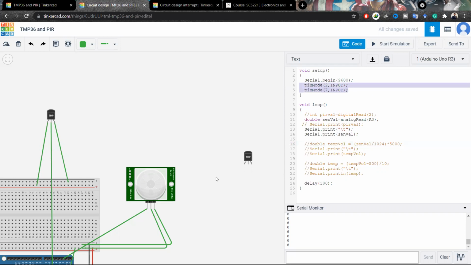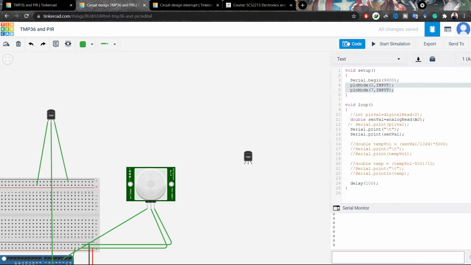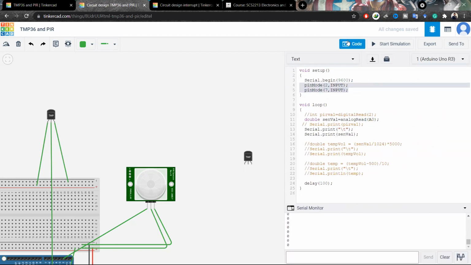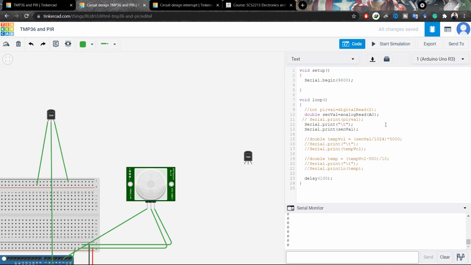So first, this is an analog pin. You don't need to specify whether it is input or output. It basically acts as input, so I didn't put anything in pinMode. So we don't need these things. I'm doing an analogRead from A0, and I use double and put some kind of variable name.